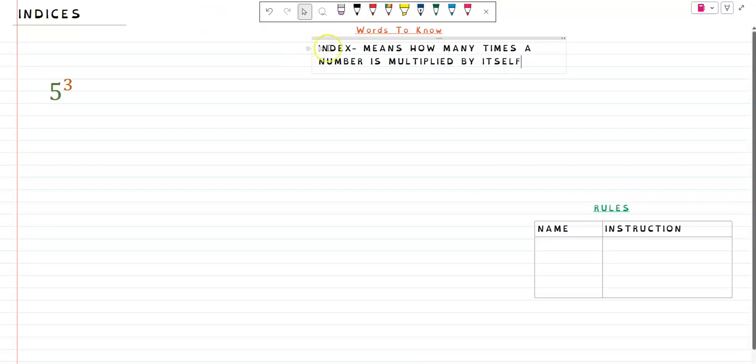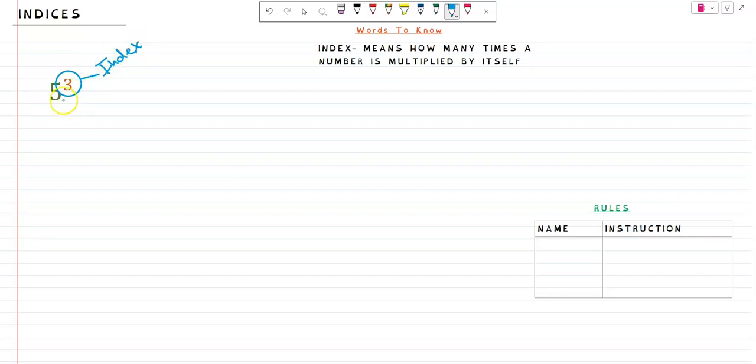Now, if we look at an index, what does an index look like? An index is this number over here. That is an index.